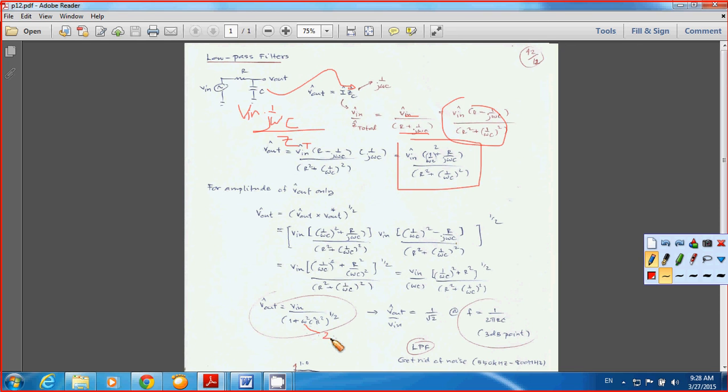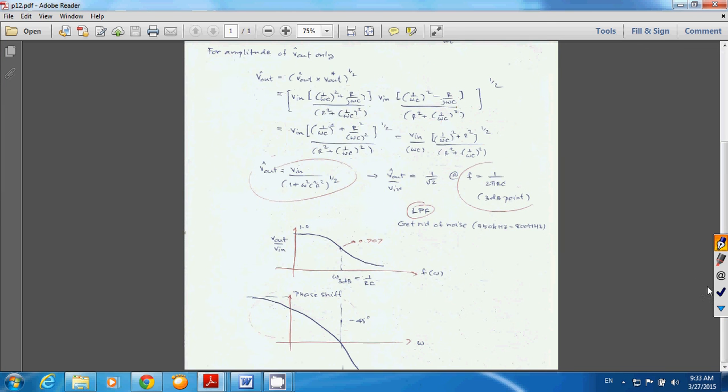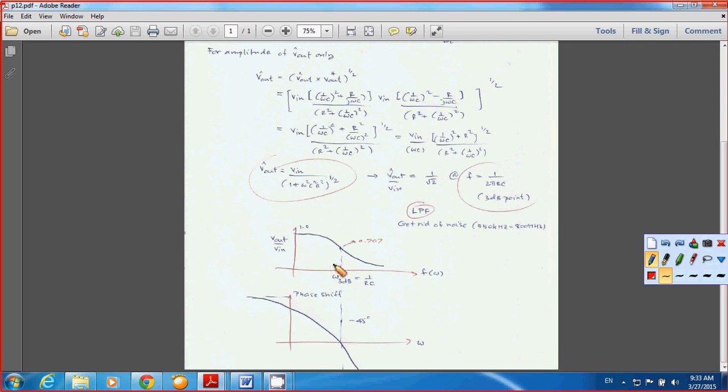When you take a look at omega equal to 2 pi f, it becomes the same just like the high pass filter. When your frequency becomes 1 over 2 pi RC, this term simply becomes 1. So you have the ratio of V out over V in become 1 over square root 2. And you can find the 3 dB point.